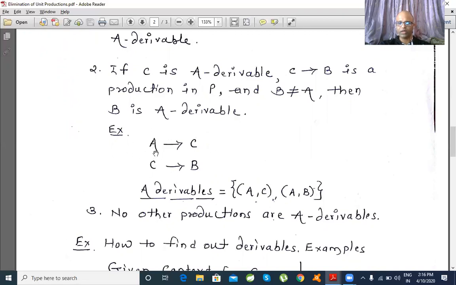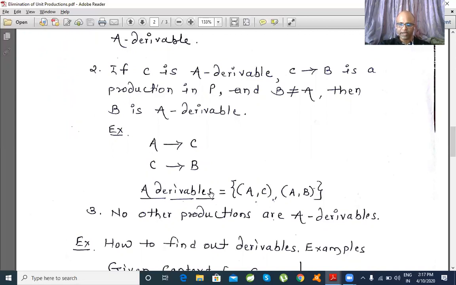So the condition is something like this. You have A deriving C, C deriving B in your production rules. So we say C is A derivable. If we continue this process, what C is deriving inside, again we notice that this is a unit production. If this is the case, we say that B is also A derivable. This is similar to saying that if A equals B and B equals C, then in a transitive form A is equal to C also.